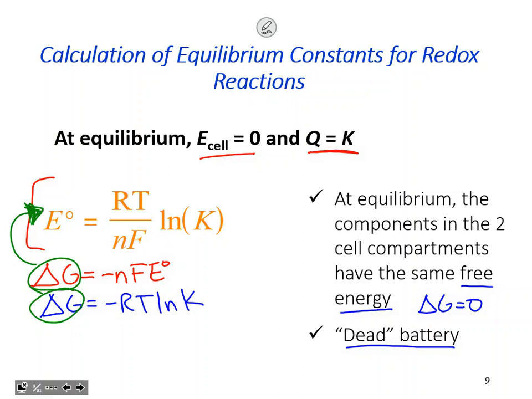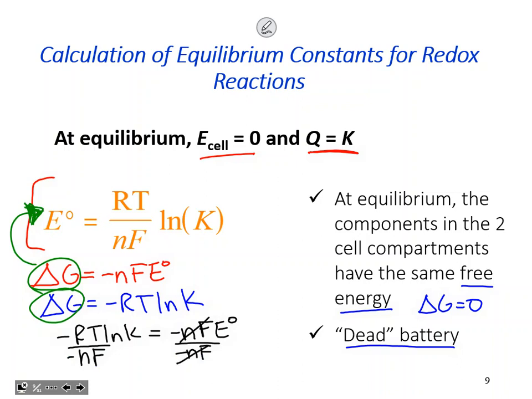So basically what we get is negative RT ln K is equal to negative NF E. And all we have to do is divide both sides by negative NF.